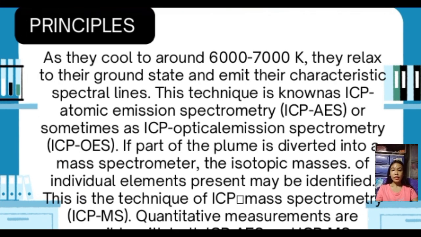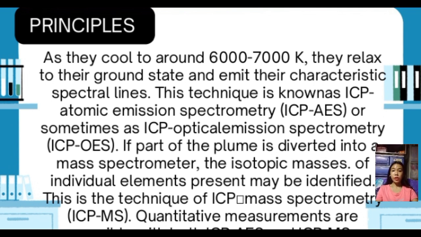As these elements exit the plasma, they form a plume that contains the individual atoms or ions of the sample. As the plume cools to temperatures between 6,000 and 7,000 Kelvin, the excited atoms and ions transition to their ground states, leading to the emission of characteristic spectral lines.